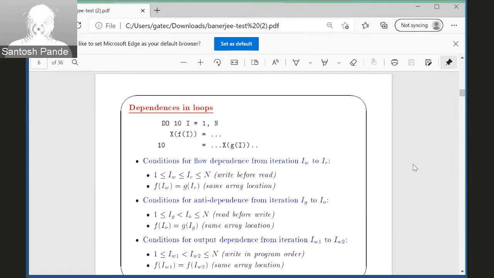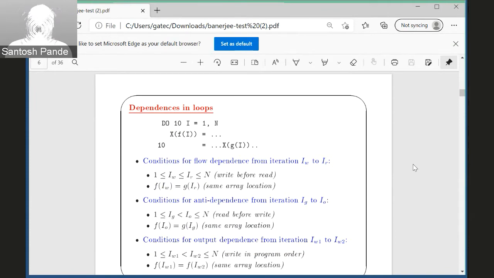We'll look at certain other variations of these. In that case, the dependence distance itself could vary, and in such cases, we can undertake some transformations. The dependence may exist for a part of the iteration space, let's say half of the loop, and then suddenly go away because the distance between reads and writes becomes very large, and therefore the later half of the loop we could parallelize.